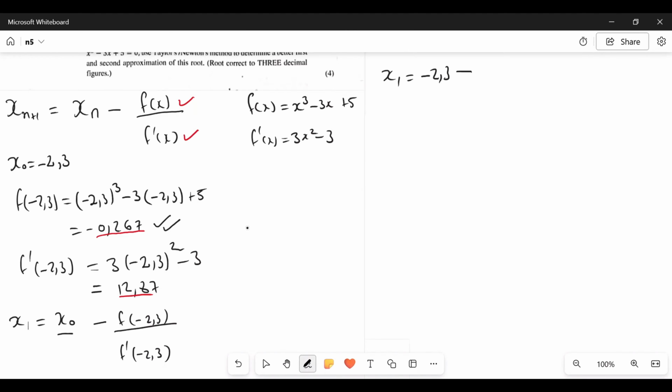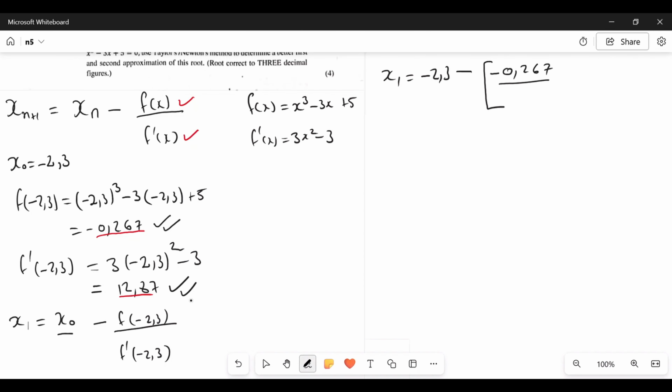We just did some calculations, so make sure you put them inside the bracket. So the answer is negative 0,267 divided by, if you continue, look at the formula, f prime of negative 2,3, which is the derivative there.